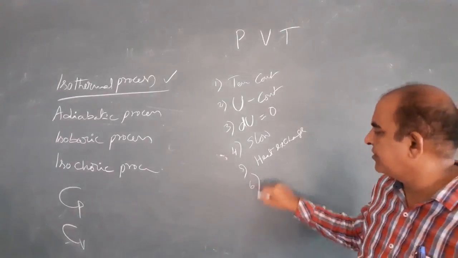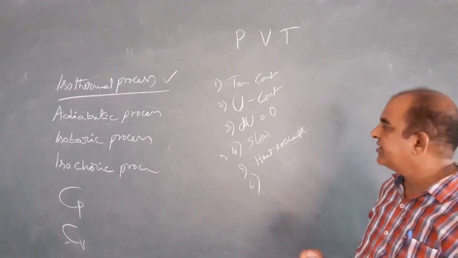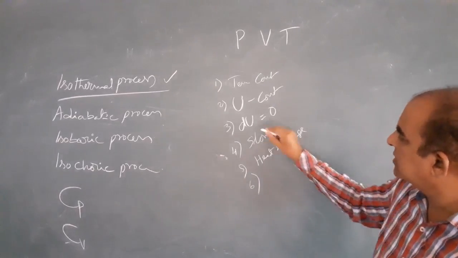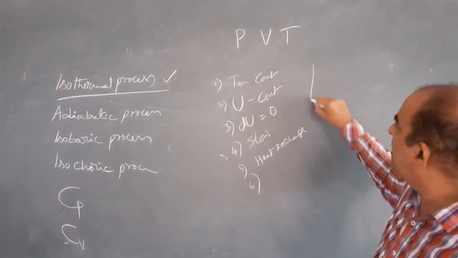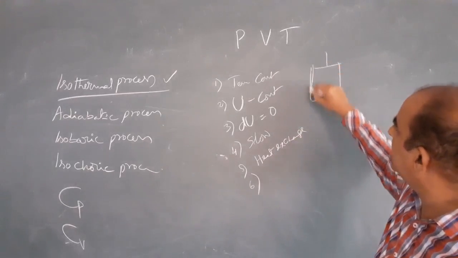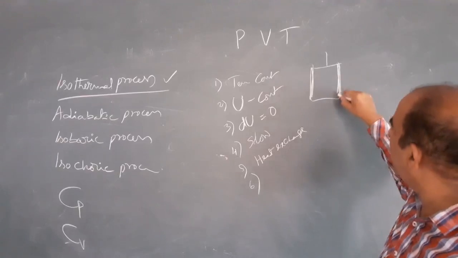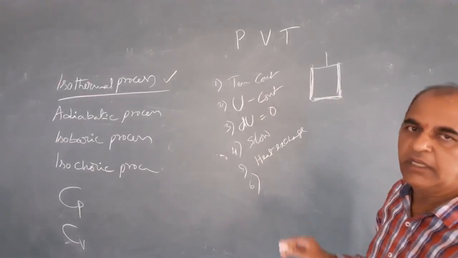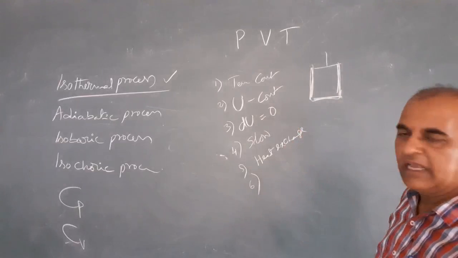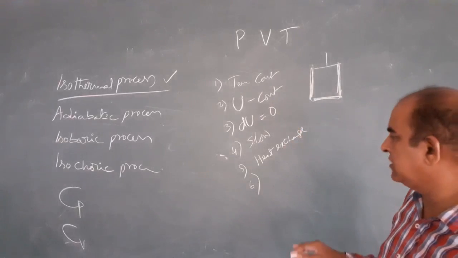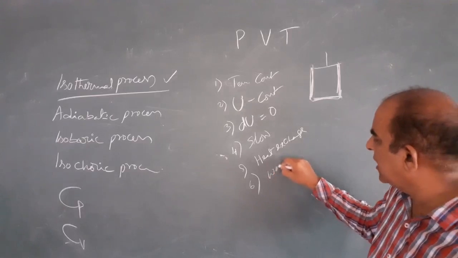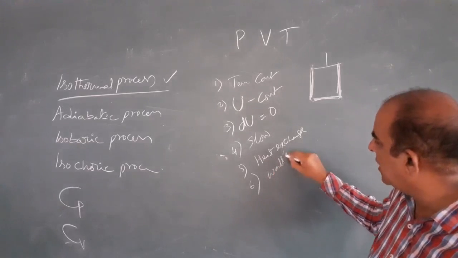The walls of the vessel are made with good conducting material, because heat can exchange between the system and the surroundings.